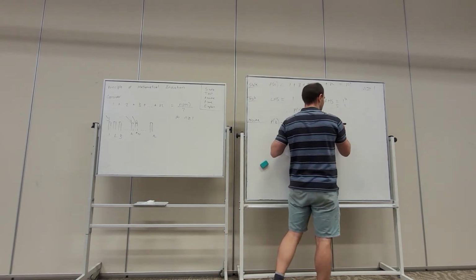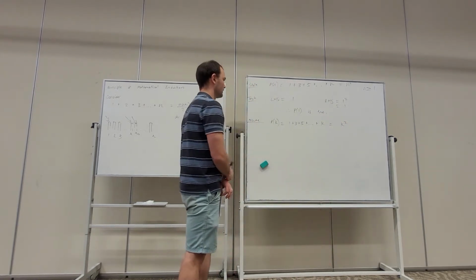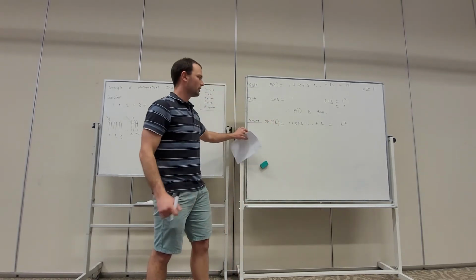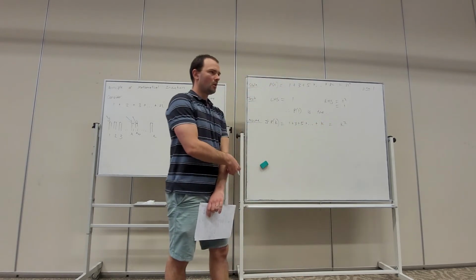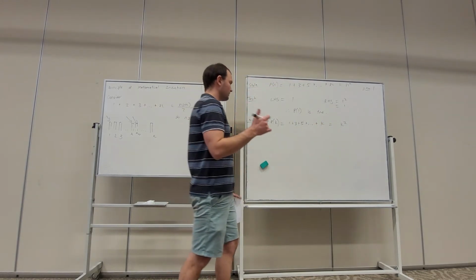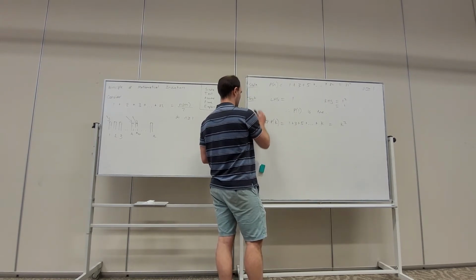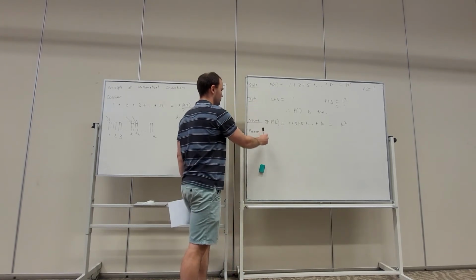And if P of k is true, then it equals k squared. Okay, so I need that because it's an assumption. If P of k is true, then P of k equals k squared. Okay, how about k plus 1? Now we're on to our proof. So we've got state, test, assume, prove.